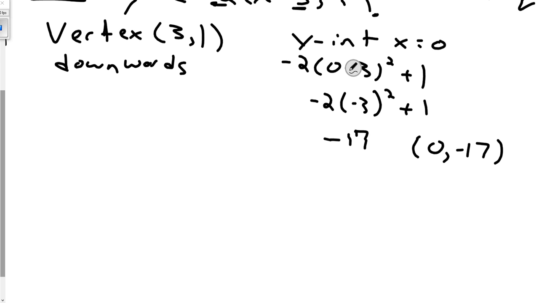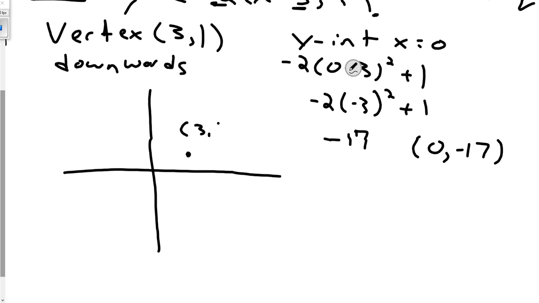So there, I got a couple points on my graph. I can sketch it. So first one's at (3, 1), and down here at (0, -17).